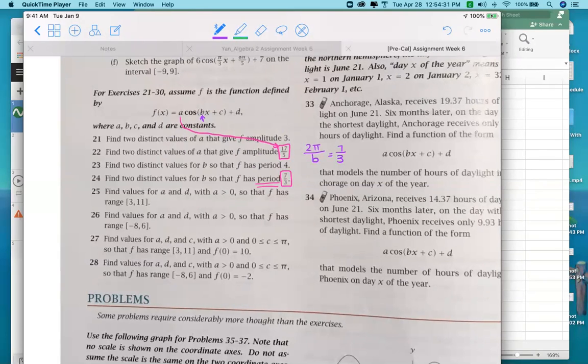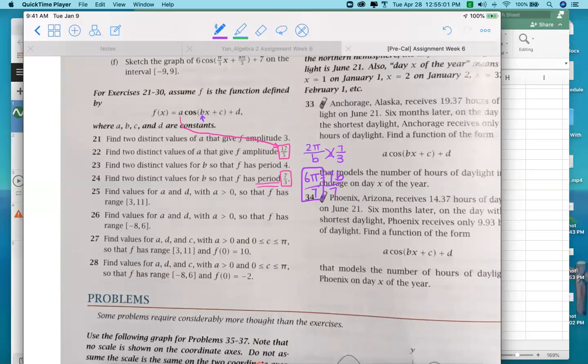Can someone tell us how to solve for B in this case? You cross multiply, so we get 6 pi equal to 7B. And then to solve for B, we just divide by 7. So that's the answer to B.